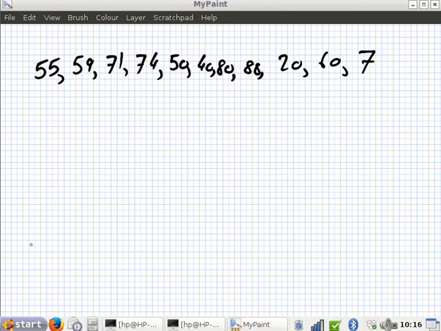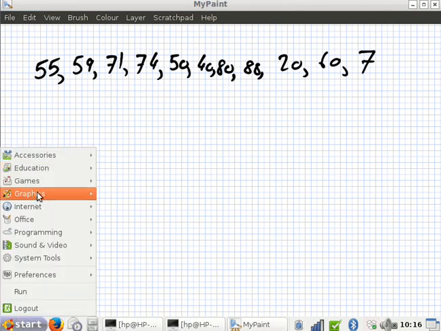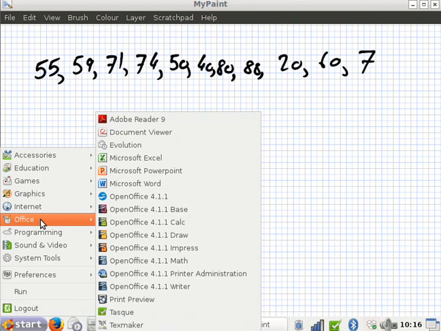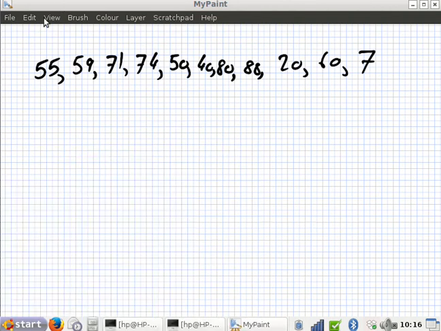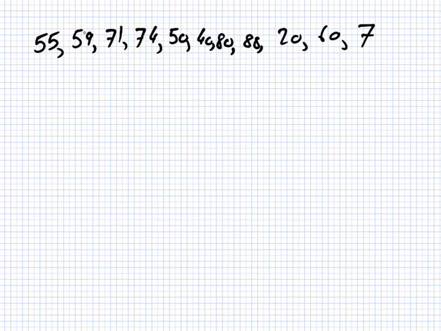And because I'm in a tired mood, you'll sort them for me. Well, in the exam, you'll have to put them in order from smallest to biggest yourself.